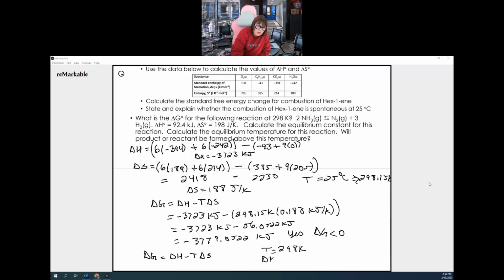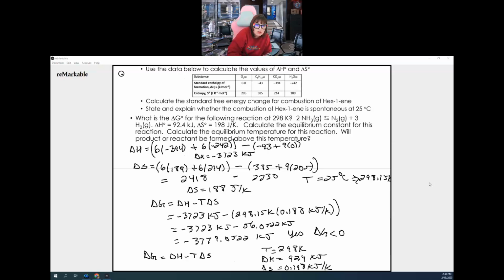The delta H that I'm given equals 92.4 kilojoules, and the delta S equals 198 joules. So I'm going to convert that to 0.198 kilojoules per Kelvin.